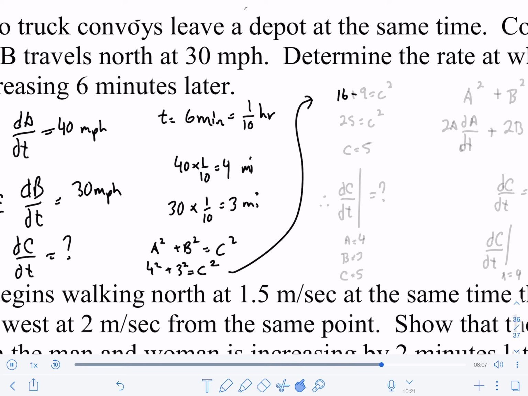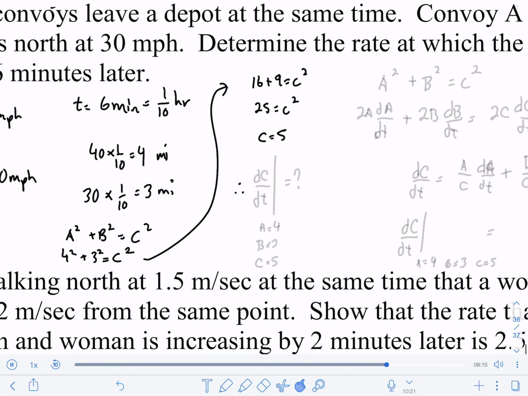And that's 16 plus 9 equals C squared. 25 equals C squared. That means C equals 5. And so we've got our other values: A is 4, B is 3, and C is 5. And dC/dt is the rate that we're trying to figure out.